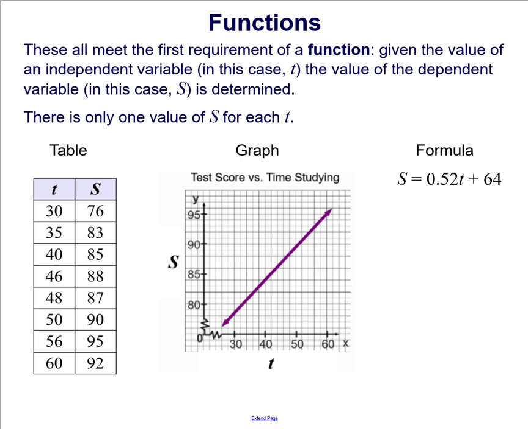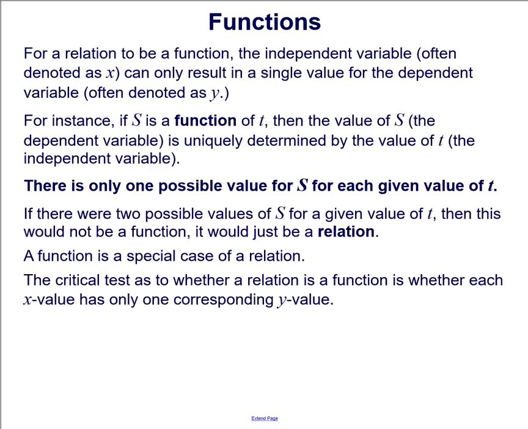Given the value of an independent variable, in this case t, the value of the dependent variable, in this case s, is determined. Here's the key point. There is only one value of s for each t. For a relation to be a function, the independent variable, often denoted as x, can only result in a single value for each dependent variable, often denoted as y.